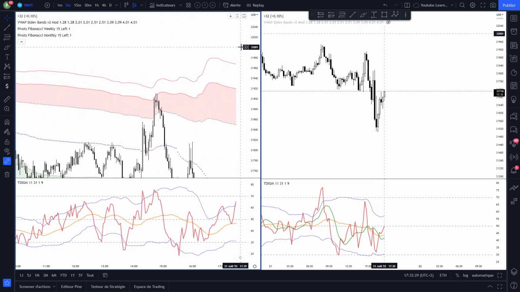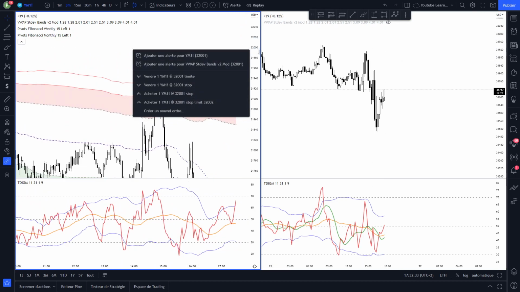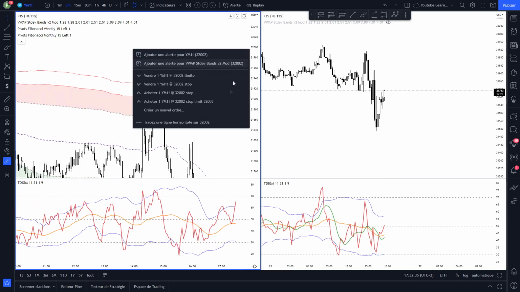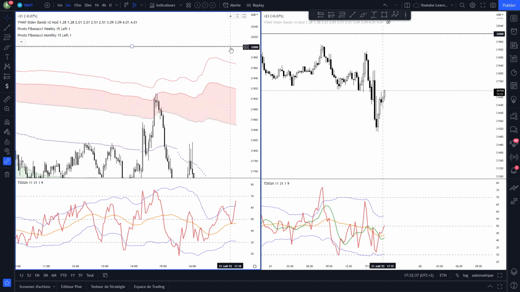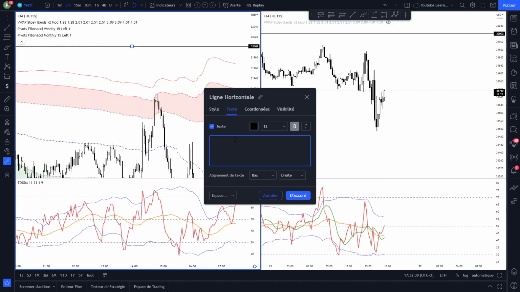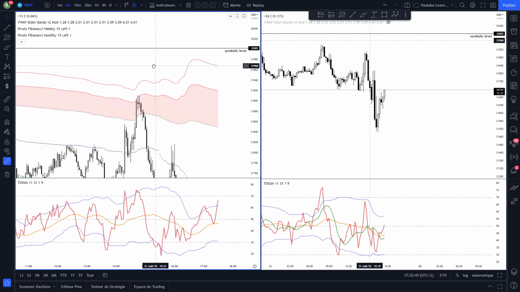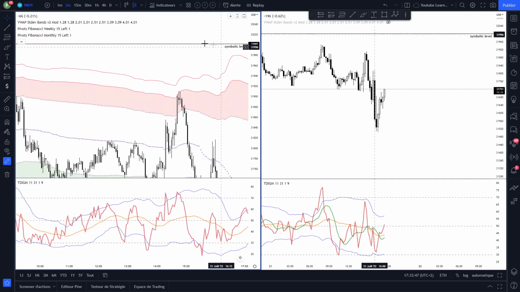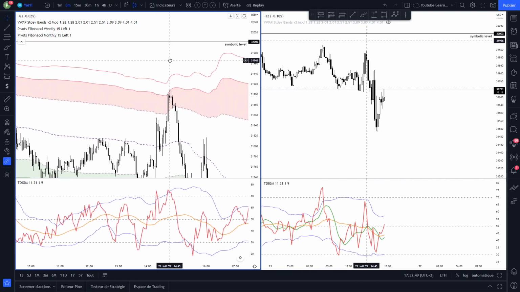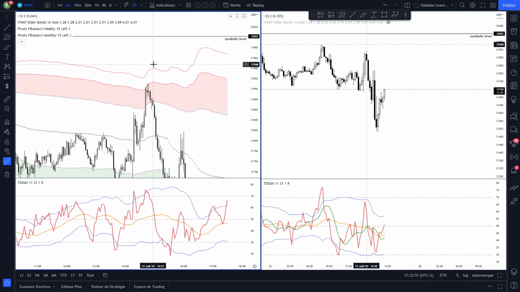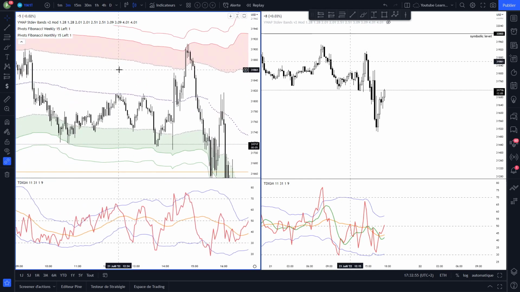So for example, there will be this one here, so you just have to click here, draw a line, and just highlight it like that. So when your price reaches the area, you know you have to pay attention. And same for the daily highs and daily lows.